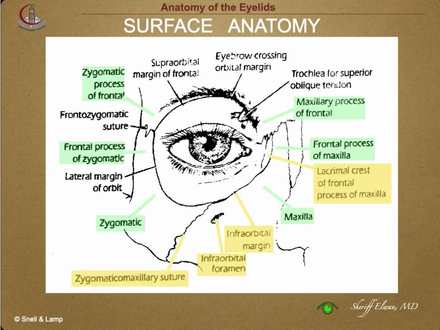And then next to it you may feel faintly the zygomatico-maxillary suture, that is the meeting point of the maxillary bone and the zygomatic bone.